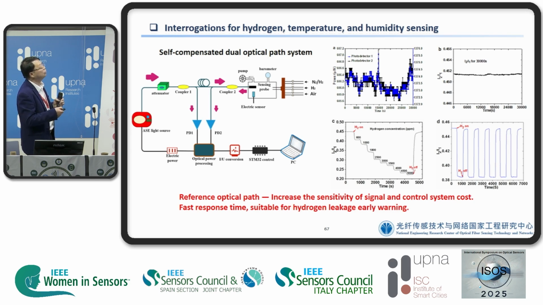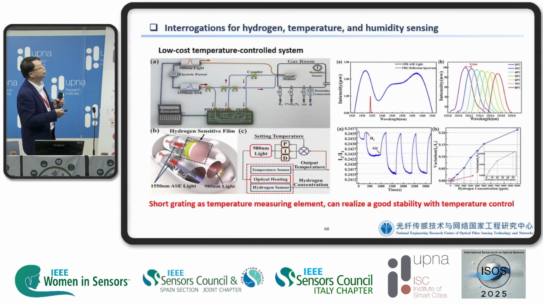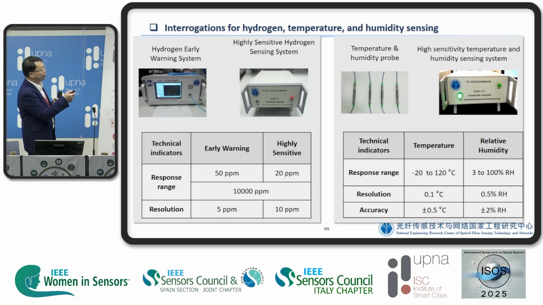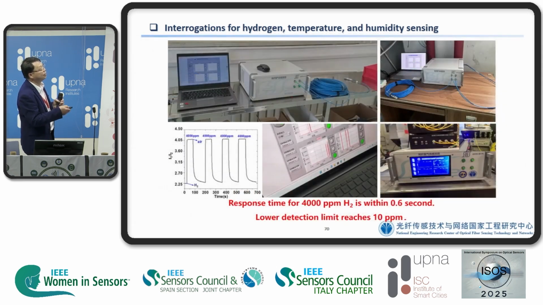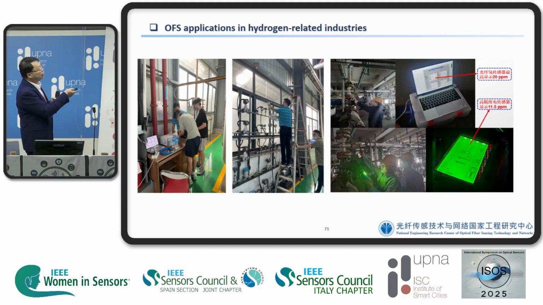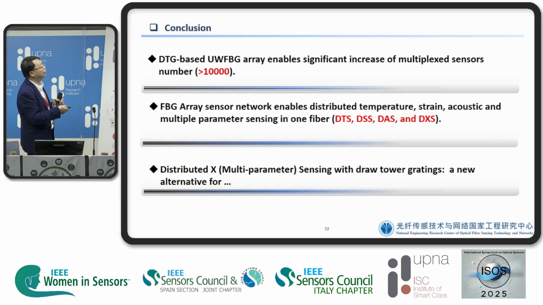We call it the self-compensated optical system, and we can make such a prototype. It already goes to the market for real applications, and we also have such a system with on-site installation, on-site monitoring, and so on.